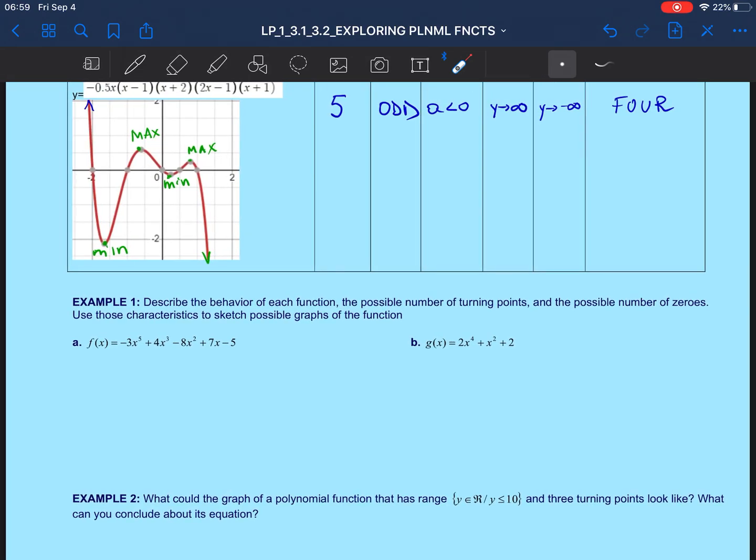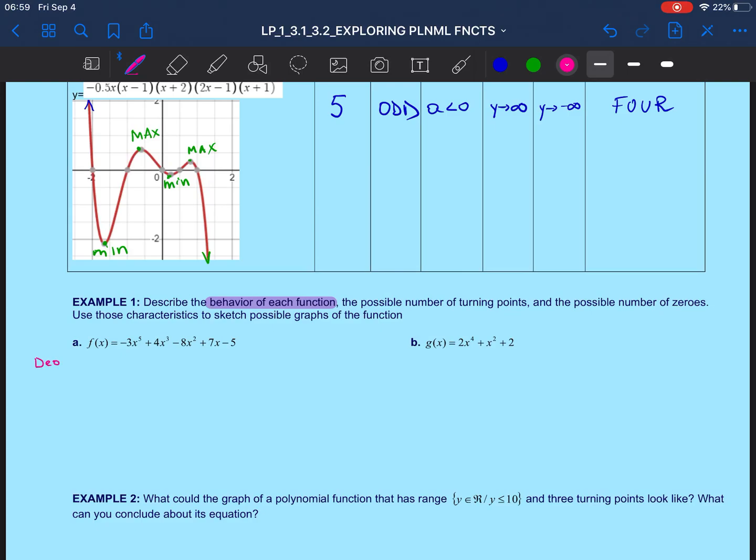Now, very often, now that we know all these features, we'll be able to describe the behavior of functions just by looking at their equations. So what we want to do is describe the end behavior of the function. For the end behavior, we refer to the degree and the leading coefficient.